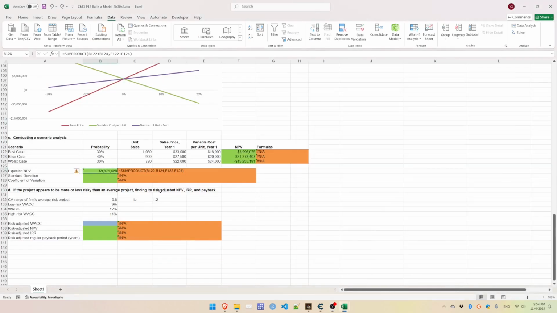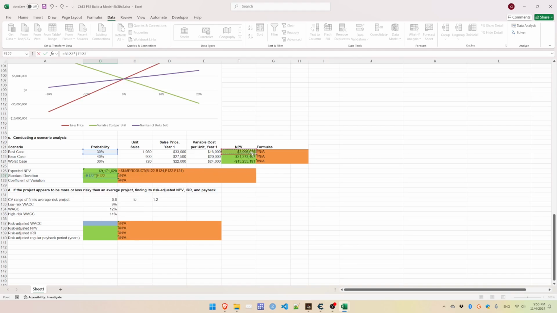Once you have the expected NPV, you just have to calculate the standard deviation under the distribution. You will have to use the probability multiplied with the squared deviation.